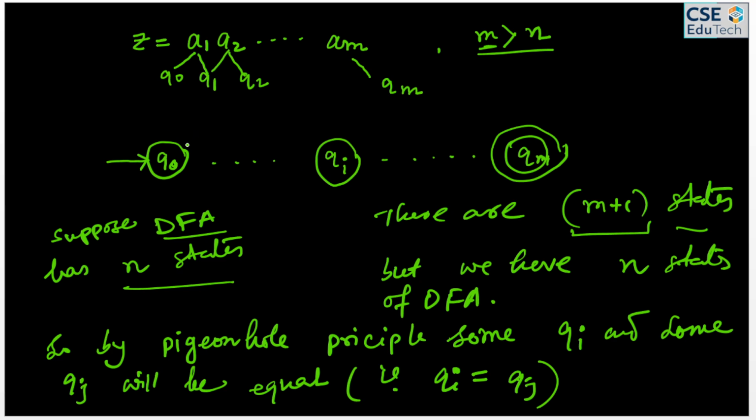That means some state. So after Q0, reading A1 goes to some Q1, and after reading A2 it will go to Q2, and in this way it will traverse from Q0 to Qm, but some state Qi is equal to some state Qj according to the pigeonhole principle.